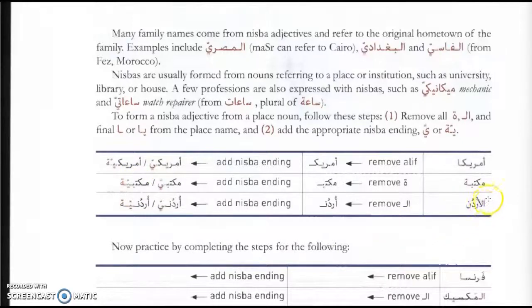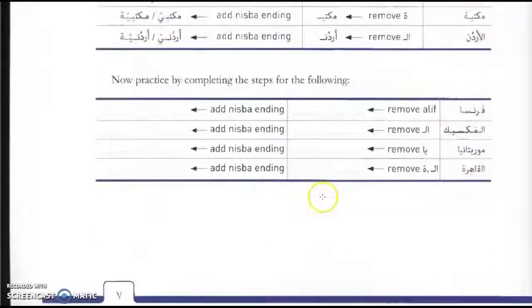Al-Urdun has a definite article. So if we want to say someone is Jordanian, we have to remove that article, and we get Urduni, Urduniya. Now your turn. Practice forming nisbas with Faransa, Mexique, Mauritania, and Al-Qahira.